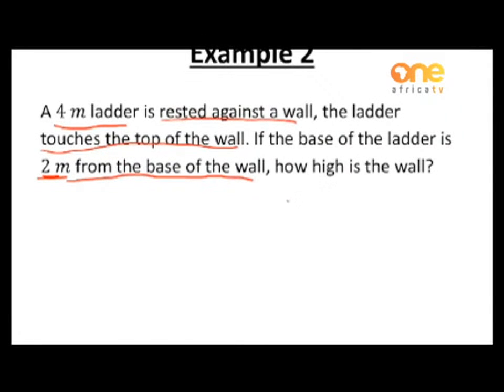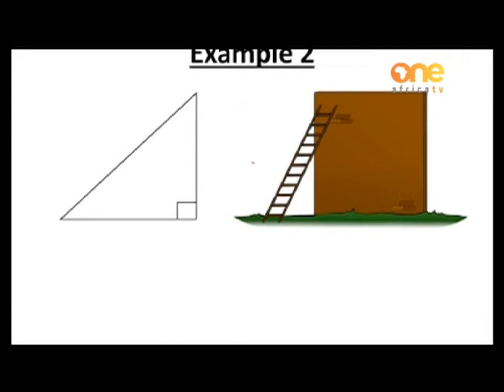So we start off by first drawing a diagram. Here's our ladder resting against the wall. We said the ladder was 4 meters, and the base of the ladder was 2 meters from the base of the wall. How high was the wall?